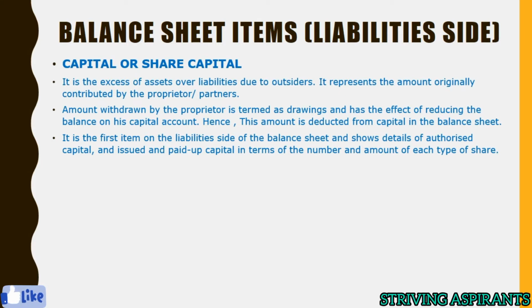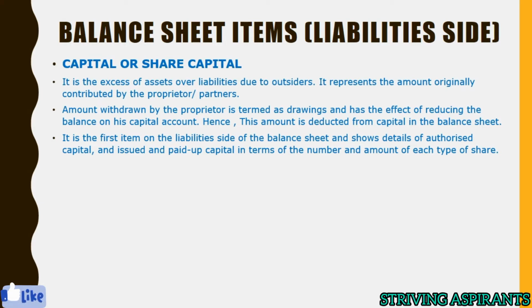In other words, this amount is the excess of assets over the liabilities due to outsiders. This is the first item we show on the liability side of a balance sheet with all the necessary details like authorized capital, issued and paid up capital in terms of number and the amount of each type of shares.